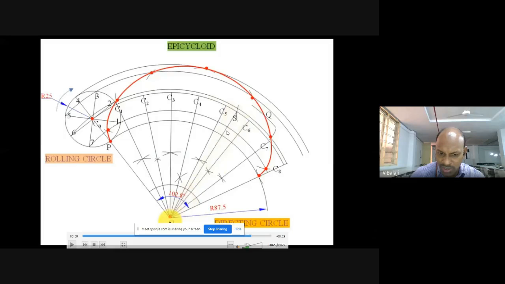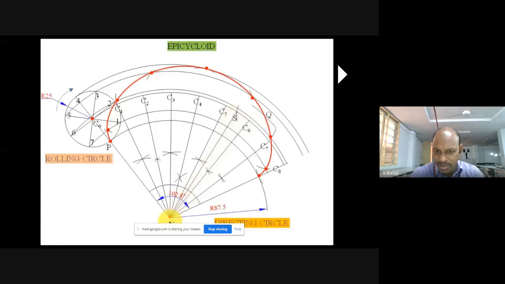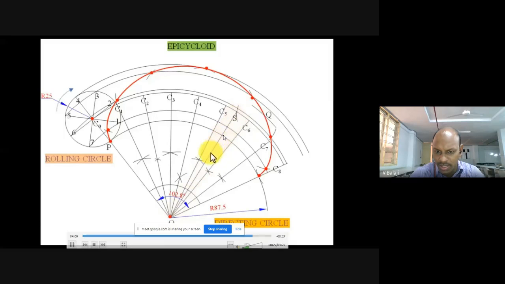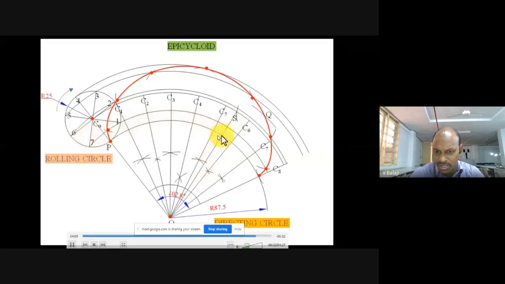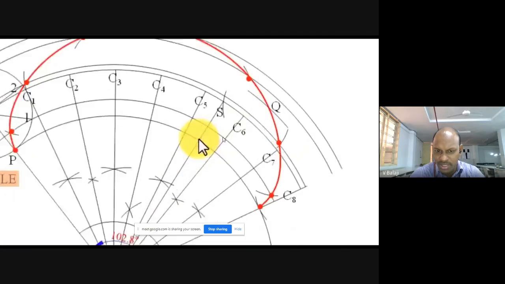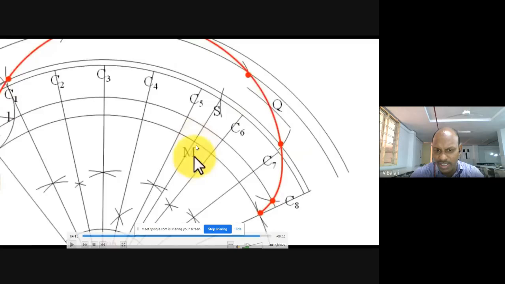Now, after joining S to O, the ground is intersected at this point. Here it is intersecting. You can name that point M. So when you join point S to the center of the curved path, that line meets the ground circular path at this point M. Are you clear?